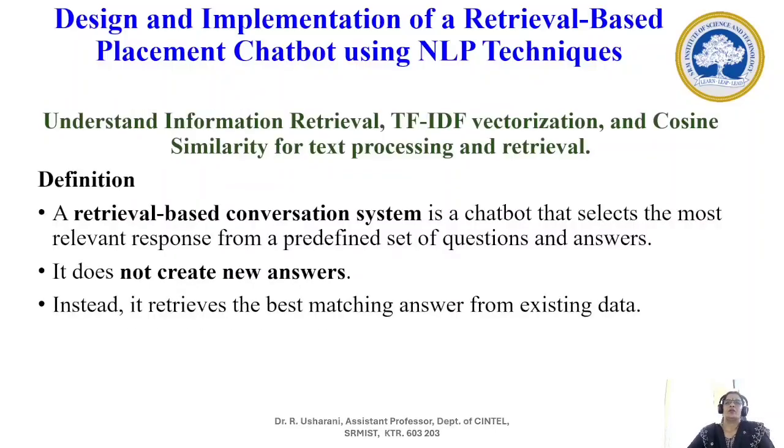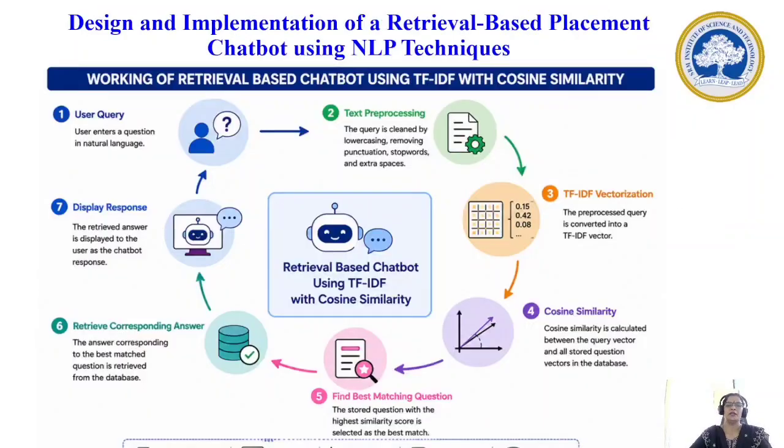Assume you have a database containing some placement-related questions and answers. The user enters the question in natural language. The query is then collected, and the next level of text processing is done, let us assume removing punctuation marks, stop words, and extra spaces.